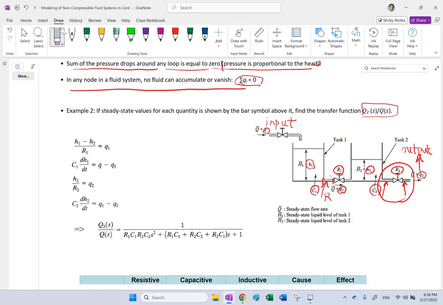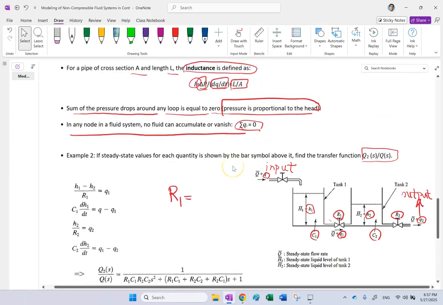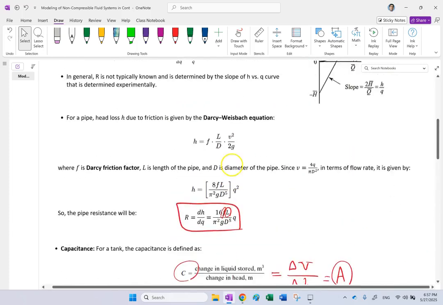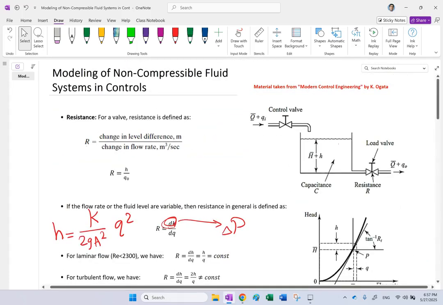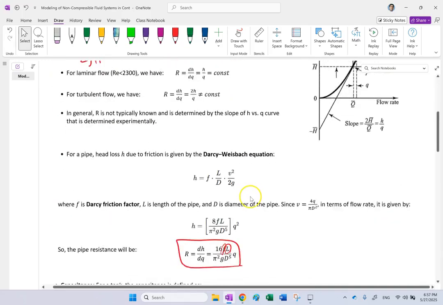So what do we have now? Well, we go based on the definition. What's the definition of R1? Let's go back and look at the definition of R1. It's basically the change in the head divided by the change in the flow rate. That's the definition of it.